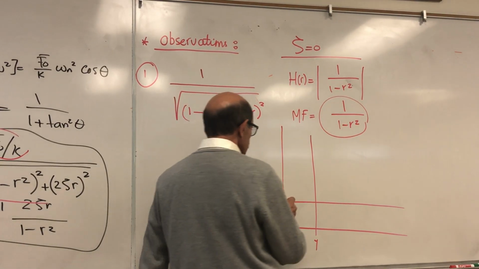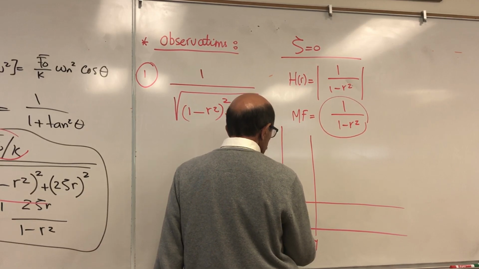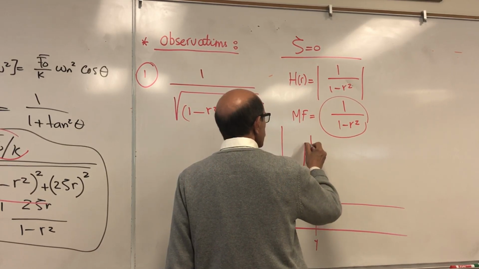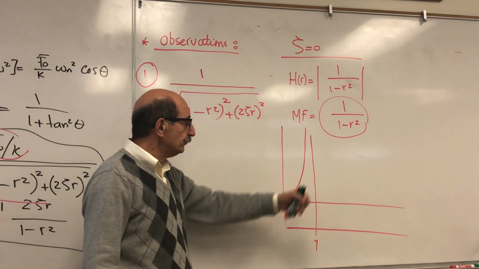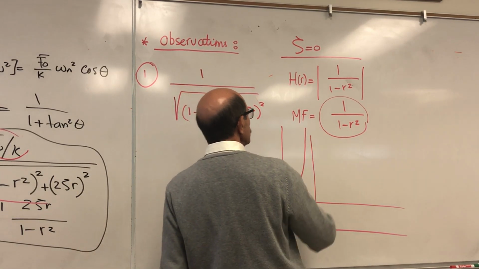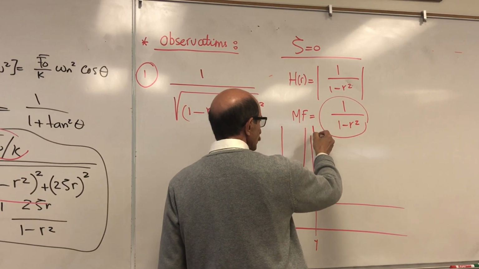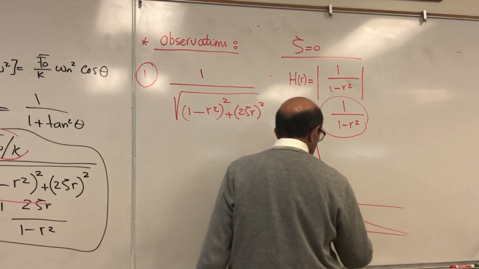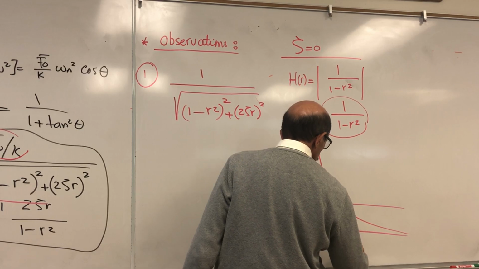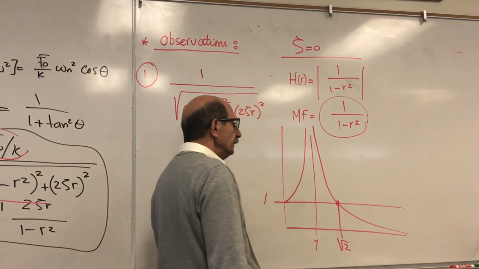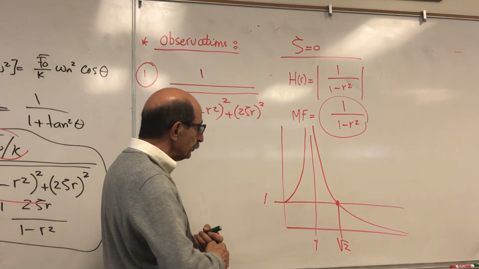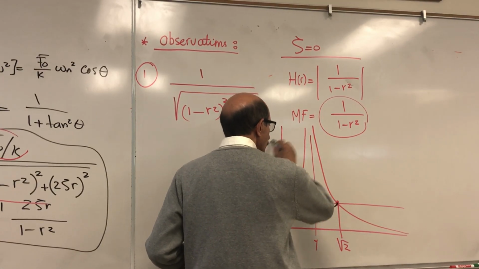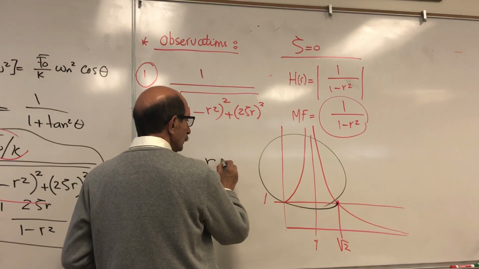As we plotted it, we realized that this dynamic magnification will be like this, and it increases, goes to infinity, and then starts decreasing, and at square root of 2 becomes again 1.